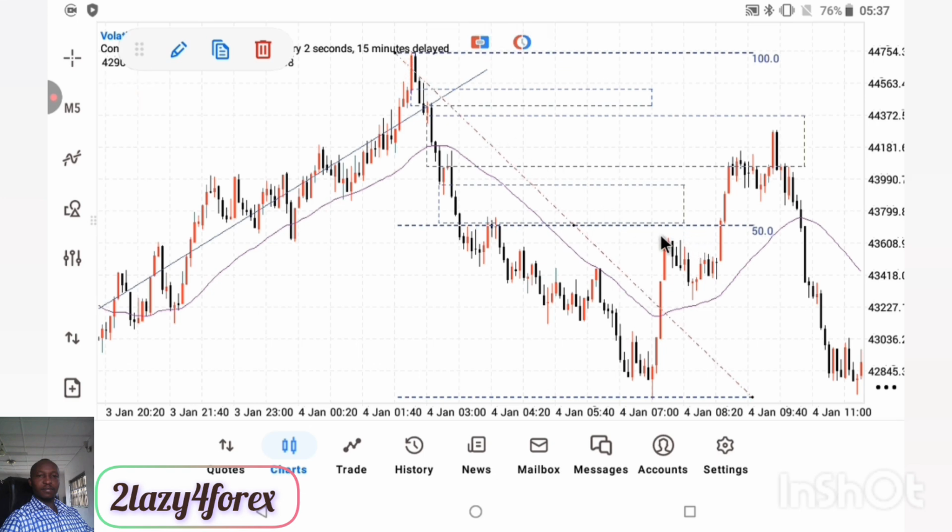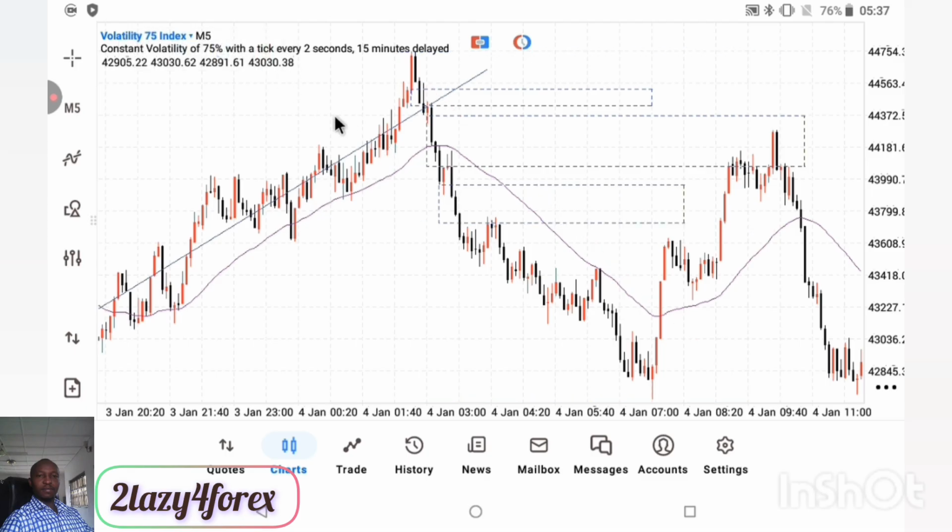So for any trade you are going to consider, target anything above 50%, anything above equilibrium. That is, all this between 50% and 100. These are good areas to enter your trade. So you can adopt that method too.